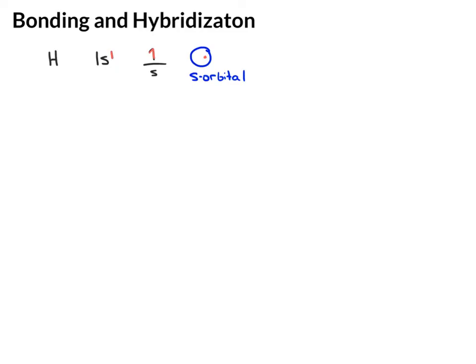So for a bond, what that really is, we can think of that as orbital overlap. So in the hydrogen-hydrogen bond, what we effectively have are two hydrogen 1s orbitals overlapping. So let's say here's one with its electron. Here's another with its electron.